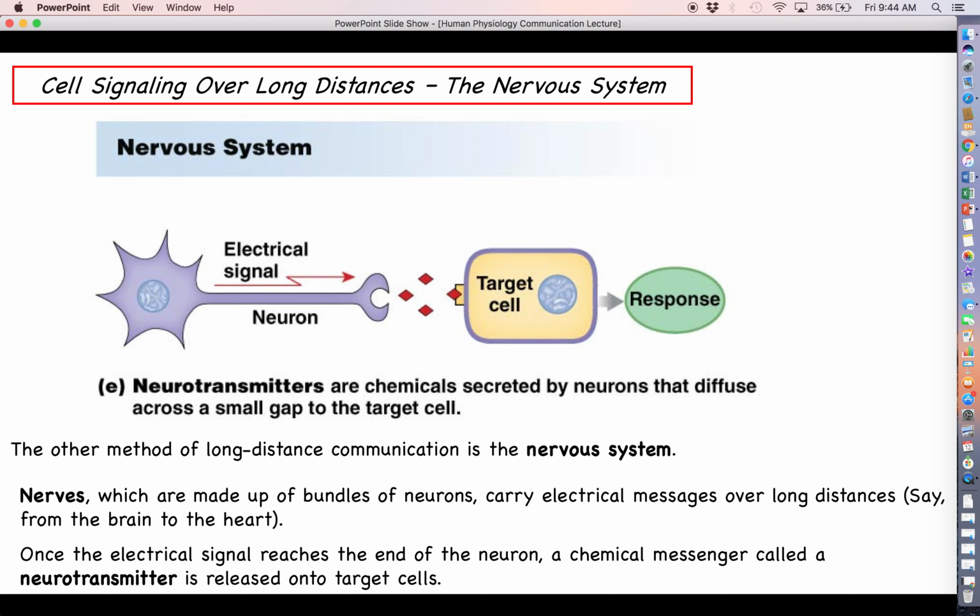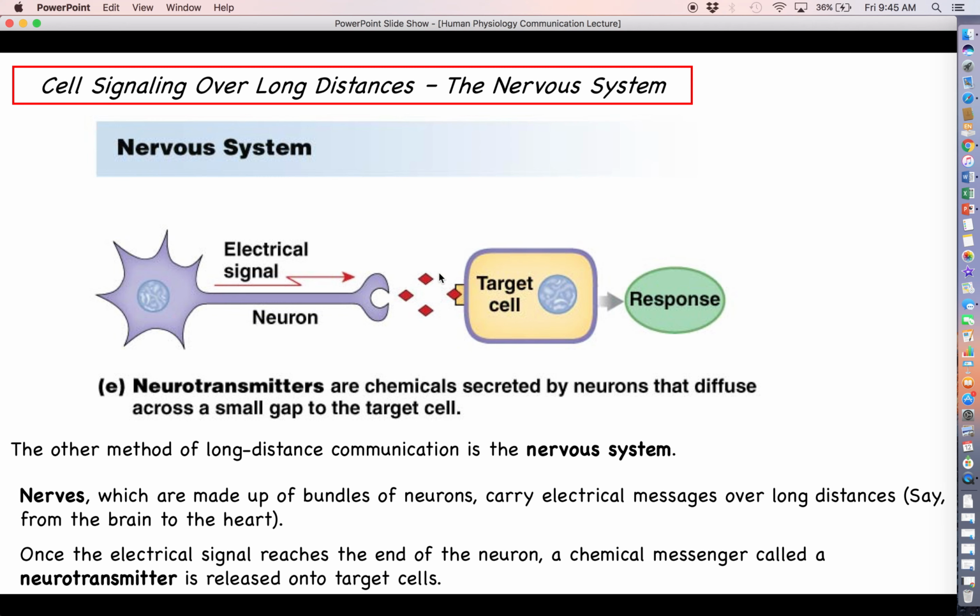However, there is some similarity here by using nervous system signaling to what we saw with both endocrine and autocrine and paracrine signaling. So even though we have an electrical message carrying a message over a very long distance, we are still eventually going to have a signaling molecule binding to a receptor on a target cell. That is something that is going to be common to every type of signaling method. So the idea here is that once the electrical signal reaches the end of the neuron, it is going to then release a type of chemical messenger called a neurotransmitter.